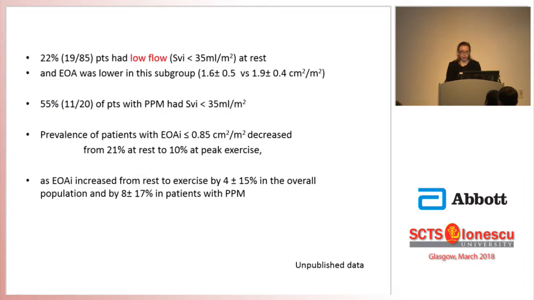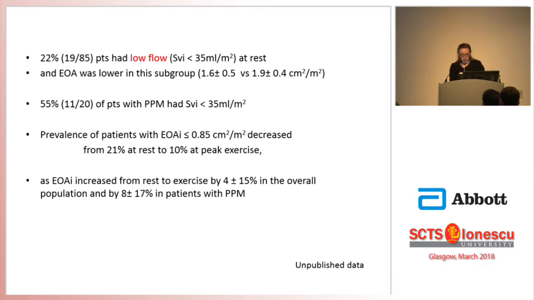And we also mentioned in our study that 22% of patients had a low flow state, which is defined as a stroke volume index less than 35 milliliters per meter square at rest, and the effective orifice area was lower in this subgroup of patients.